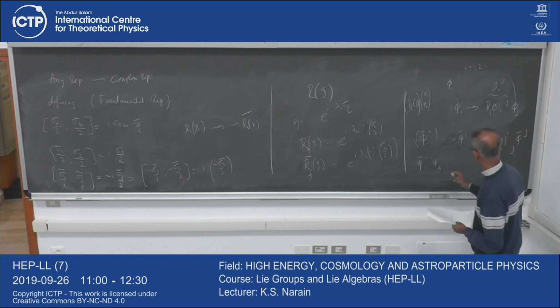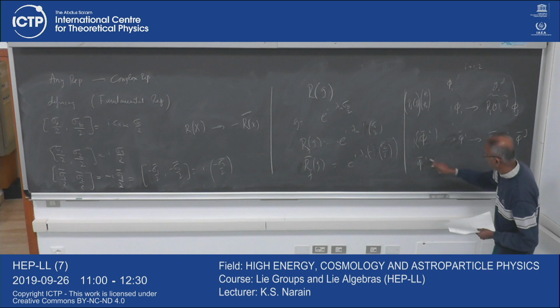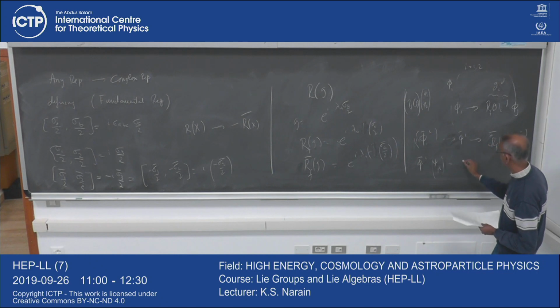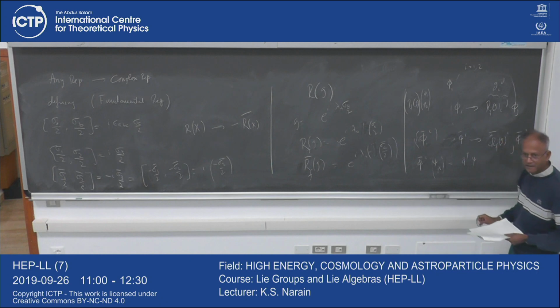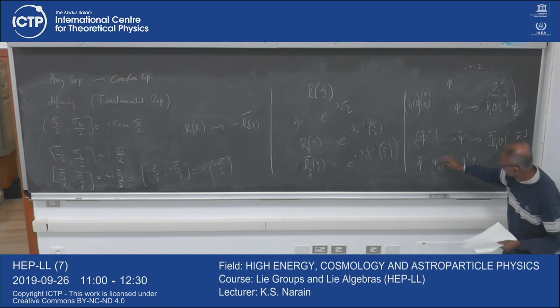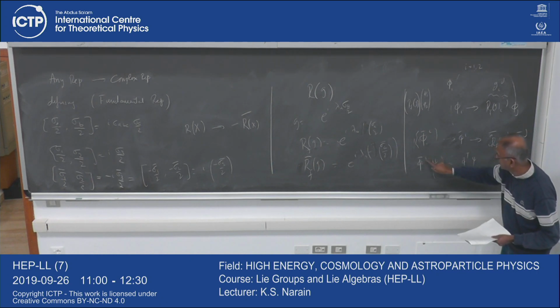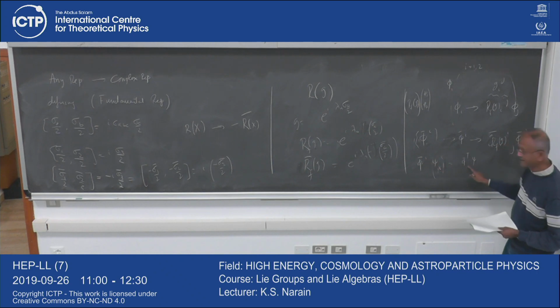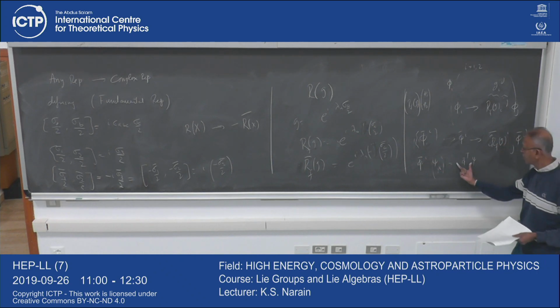Now, what is this thing? I can think of this as a column vector, and I can write it in matrix notation as phi bar transpose psi, right? Think of this as a column vector, and that as a row vector. This sum I can write in matrix notation as a product of the row vector times the column vector.